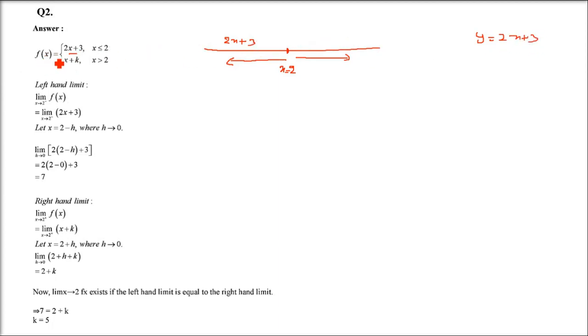It is a straight line. On the right hand side, that is if you go above 2, it has to be x plus k. So when we take the left hand limit and right hand limit, we have to find k. K is not known. The limit exists, so we equate the left hand and right hand limits. That is the way we find k.